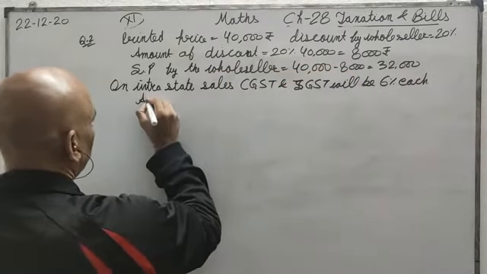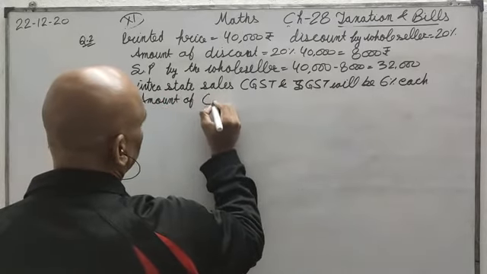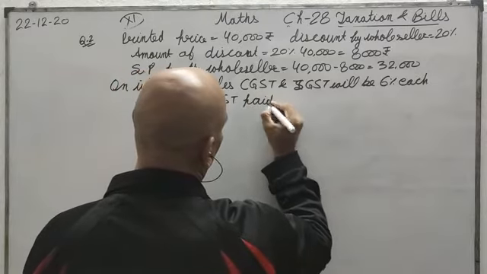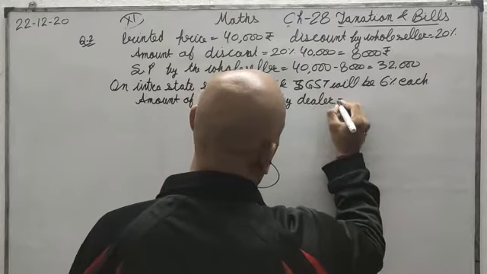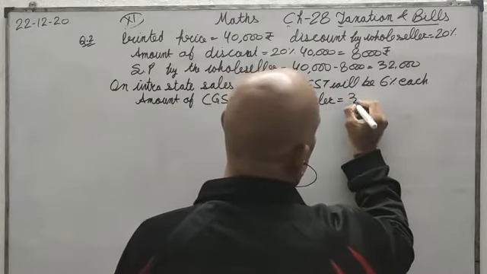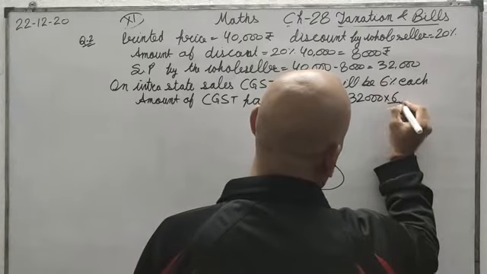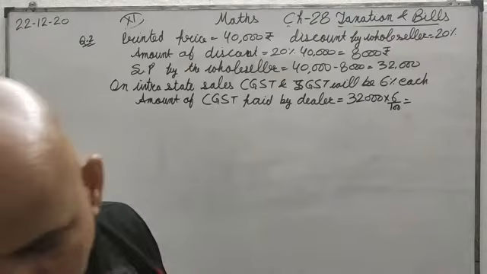So amount of CGST paid by डीलर कितना? 32,000 का 6%. ये 32,000 का 6% निकाला हमने तो कितना आया 1920.